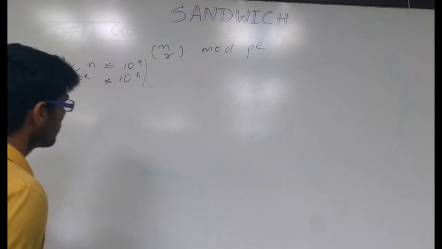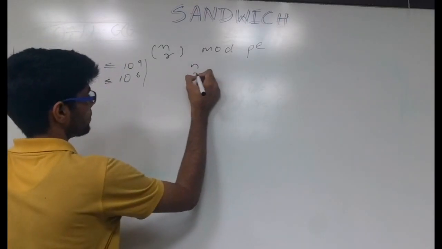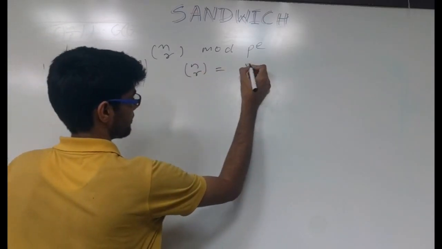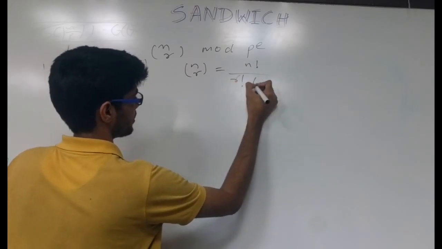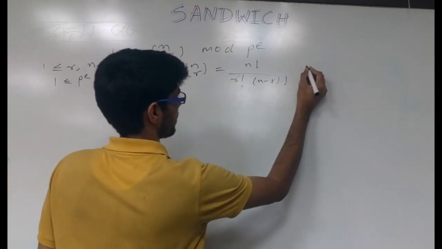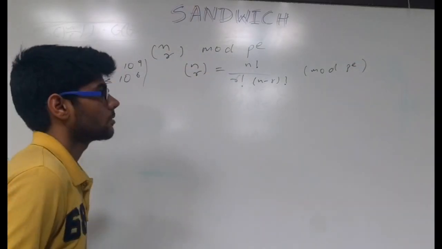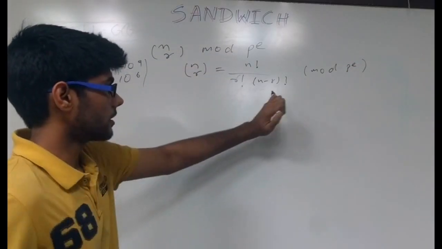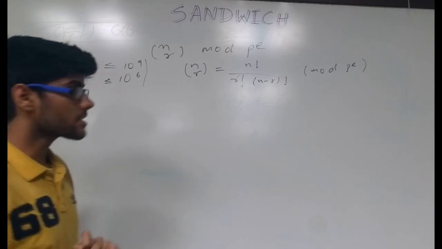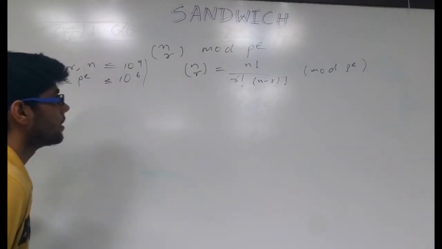We know that nCr is equal to n factorial divided by r factorial times n minus r factorial, mod p to the e. So we have to find this. Let us define some functions first.